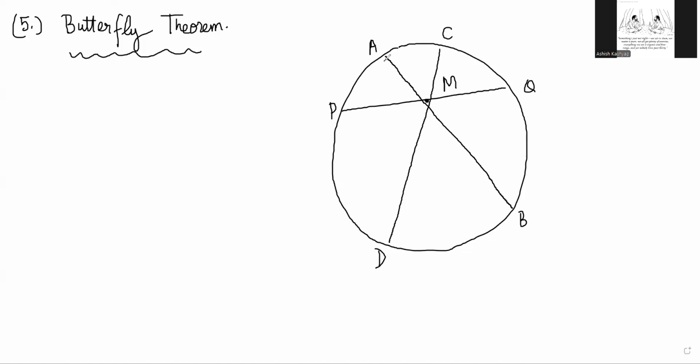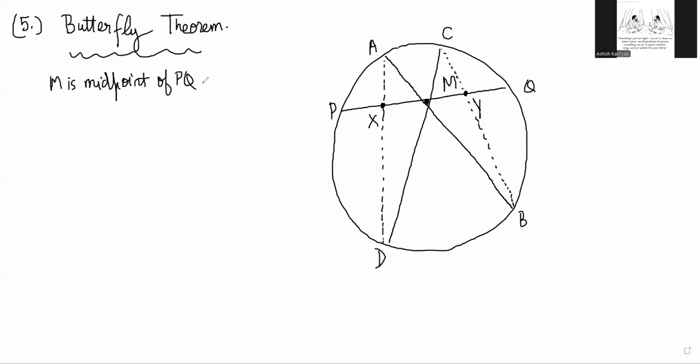Now, if you connect A to D, that point of intersection is called X, and if you connect B to C, that point is called Y. So these points of intersection are X and Y. We know M is the midpoint of PQ, and we have to prove that M is also the midpoint of XY.